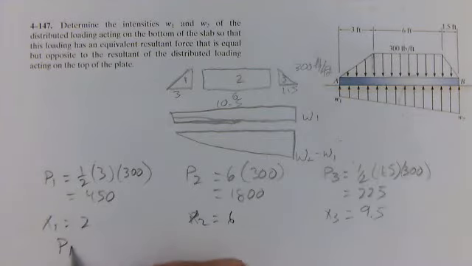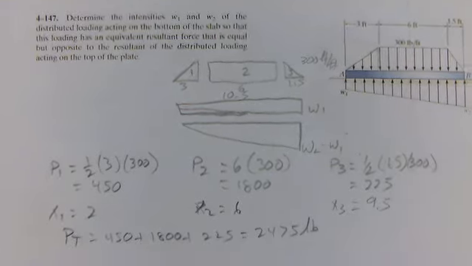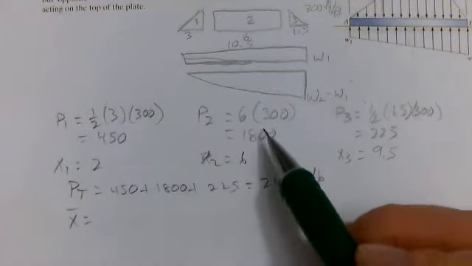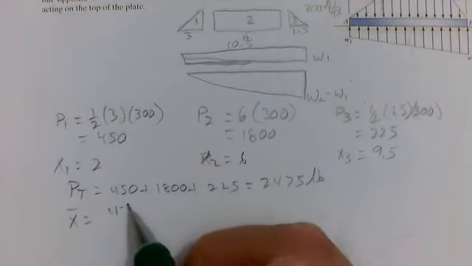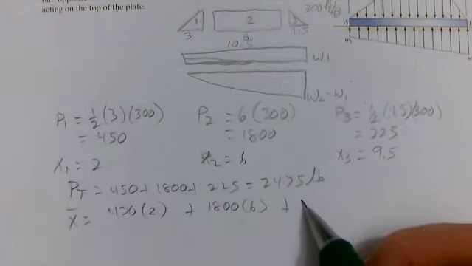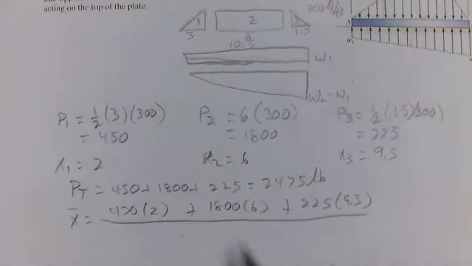If we add up all three loads, 450 plus 1800 plus 225, that equals 2475. Now to find the location, x bar, we take the load times the distance, summed on the top: 450 times 2 plus 1800 times 6 plus 225 times 9.5, divided by the total of the loads, 2475.